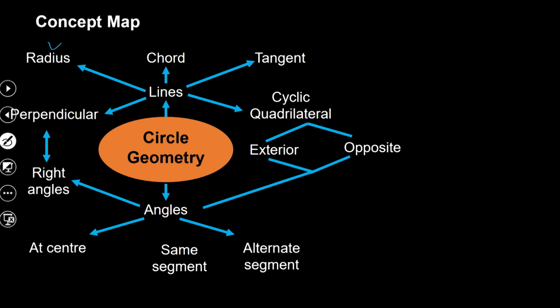So far we've looked at my radius, the concept of a chord and what it is about, the concept of perpendicular lines there, right angles, the angle at the center, same segment, and also the concept of alternate segment means other segment. We're going to link this to the concept of tangents in our next lessons.